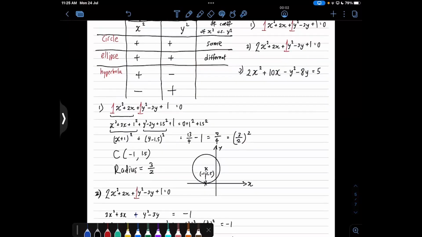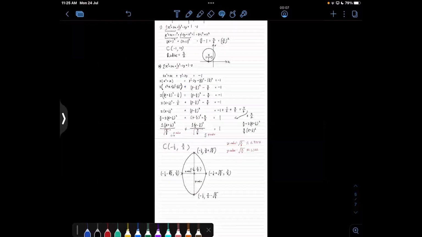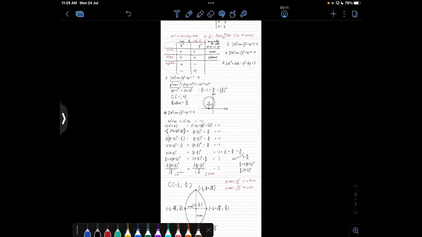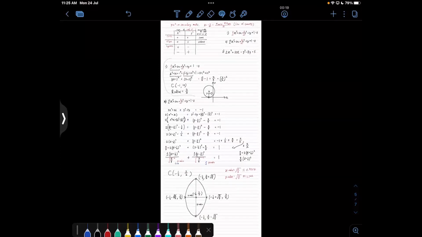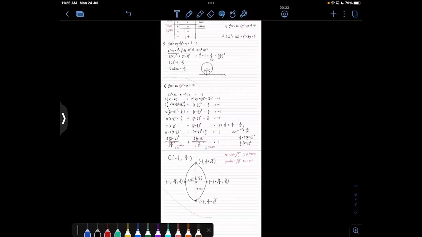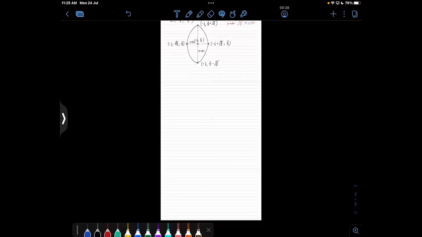Okay, let me show you. Oh, maybe I should draw it on separate pages. How should I do that? Okay, now it's a hyperbola.